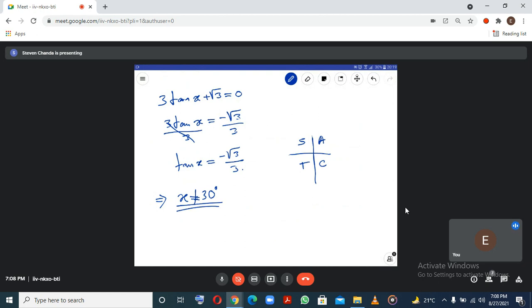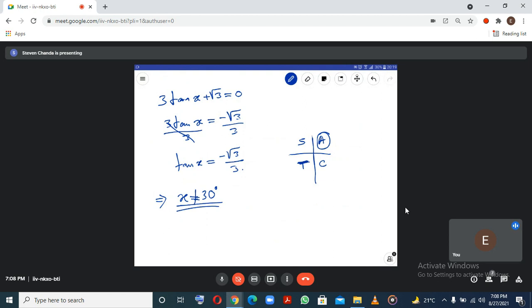But because my tan is negative, it means that this 30 is just giving me the acute angle. Okay, but if it was 30 degrees, it would have been here, where all are positive. But I know that this is negative, right? You could see that the answer is negative.